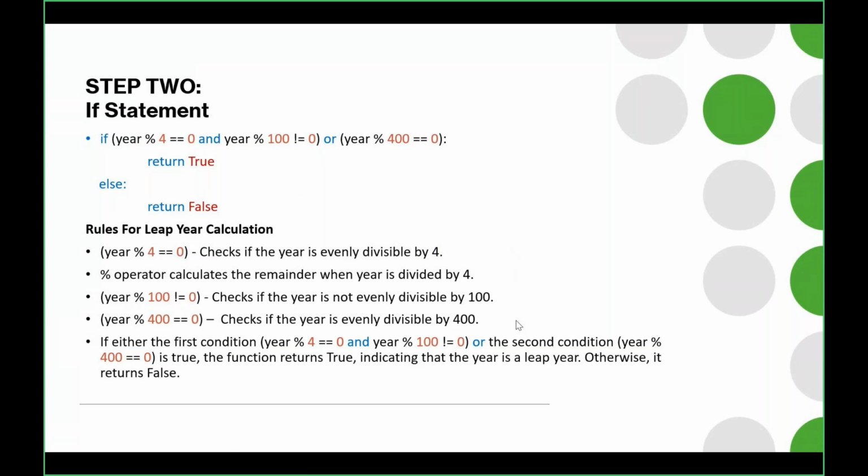So why do we do this, Anu? What do you think? I think a leap year is every 4 years, but not every 100 years, then again every 400 years. So year modulo 100 is not equal to 0. Okay, not every 100 years.